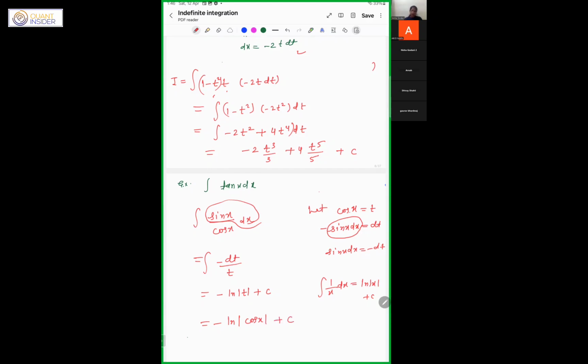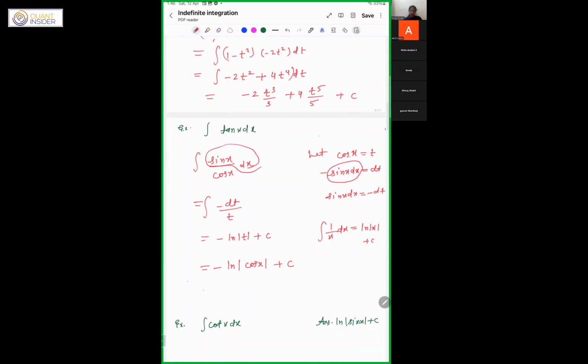And you can also write it as, according to the property of log, this minus will go in the power of mod cos x, which will be equal to sec x. So you can write it as ln mod sec x plus c. Both are correct. You can leave it at this step, or you can write this step also.